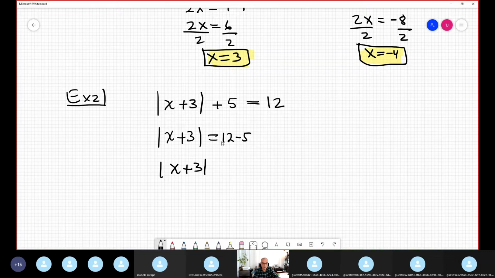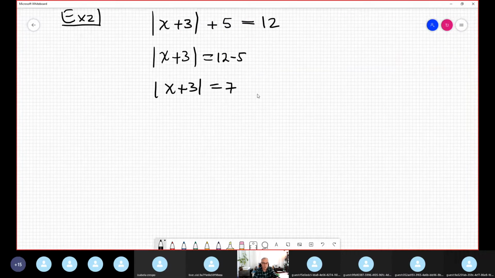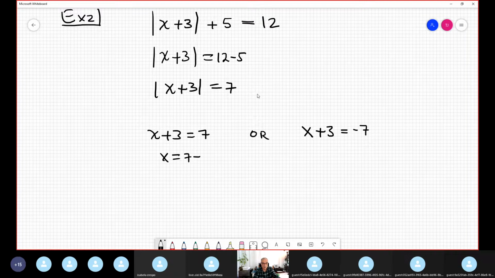And now this is the crucial moment to apply the rule. The rule says you copy x plus 3 without a bar equals 7, or x plus 3 equals -7. And you solve both equations separately. That's it. x equals 7 minus 3, which is 4. And here x equals -7 minus 3, which is -10.